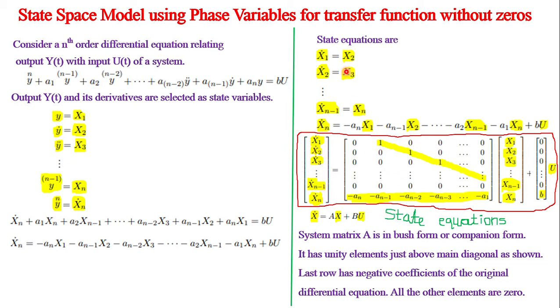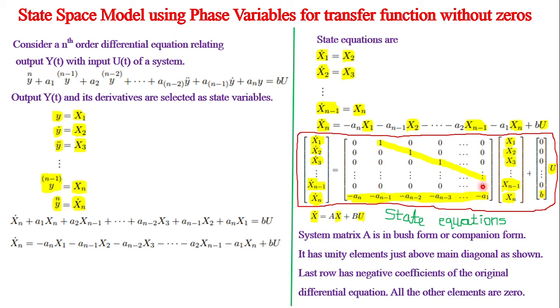So here x1 dot is x2, means the first derivative of the state vector is related to x2 alone. So 0, 1, the rest of the elements 0. x2 dot is x3. So 0, 0, 1. Third element only x3, so the rest of the elements 0. Likewise xn minus 1 dot is 0, 0, etc.